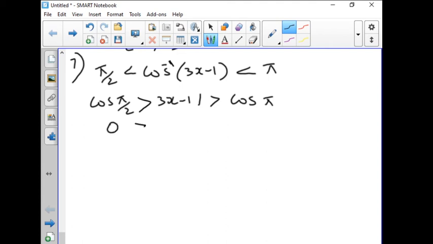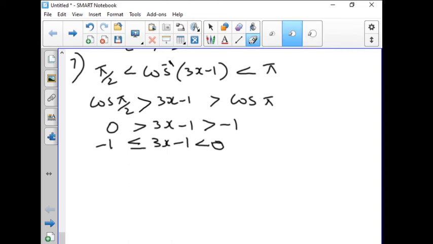So this is 0 is greater than 3x minus 1, greater than minus 1. So minus 1 is less than 3x minus 1 is less than 0. Okay, it is less than 0, not less than or equal to, it is less than.